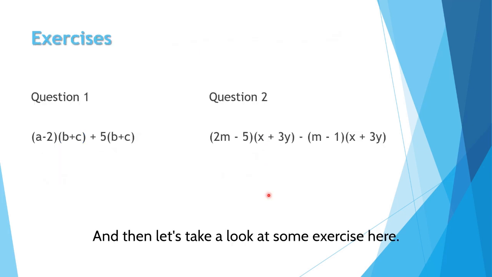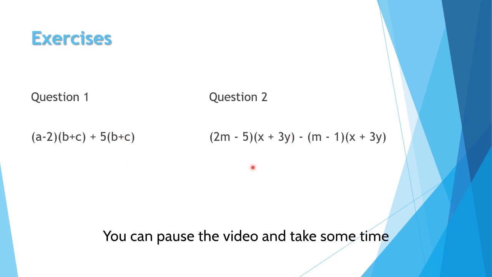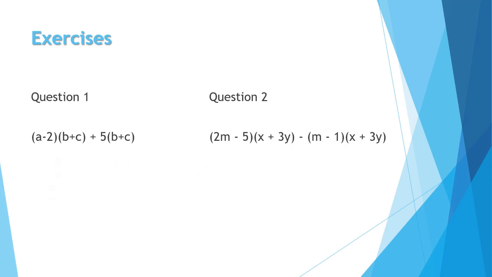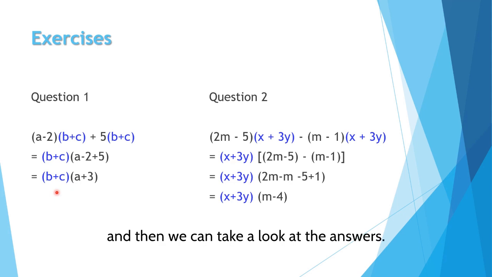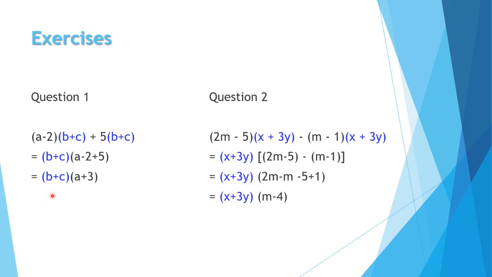And then let's take a look at some exercise. Here, you can pause the video and take some time to figure out what should be the steps. And then we can check the answer later. So I guess you have already checked with your steps, and then we can take a look at the answers.